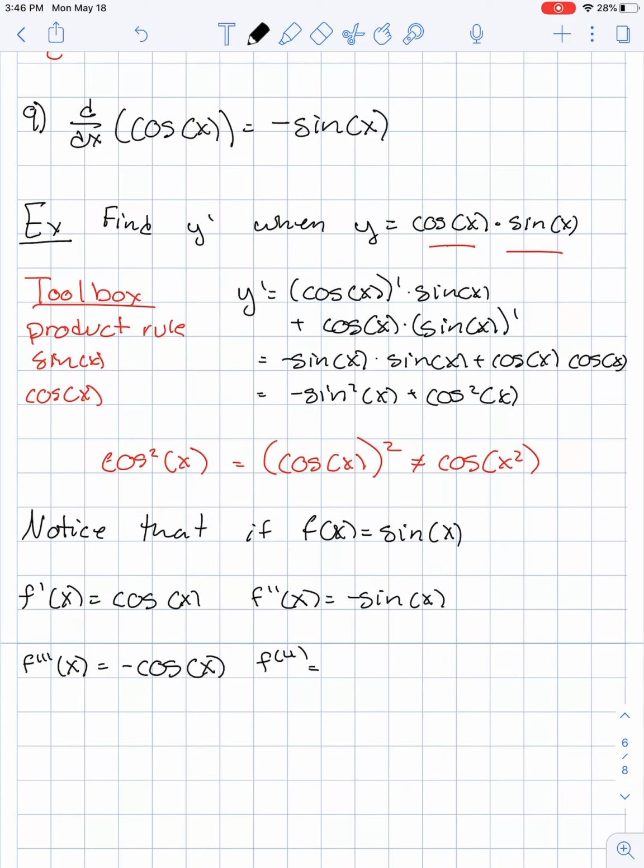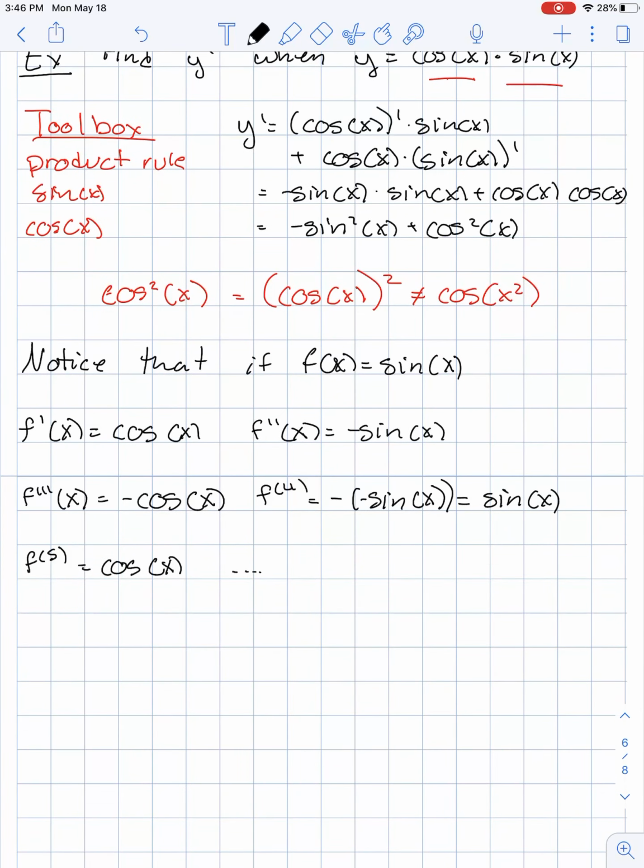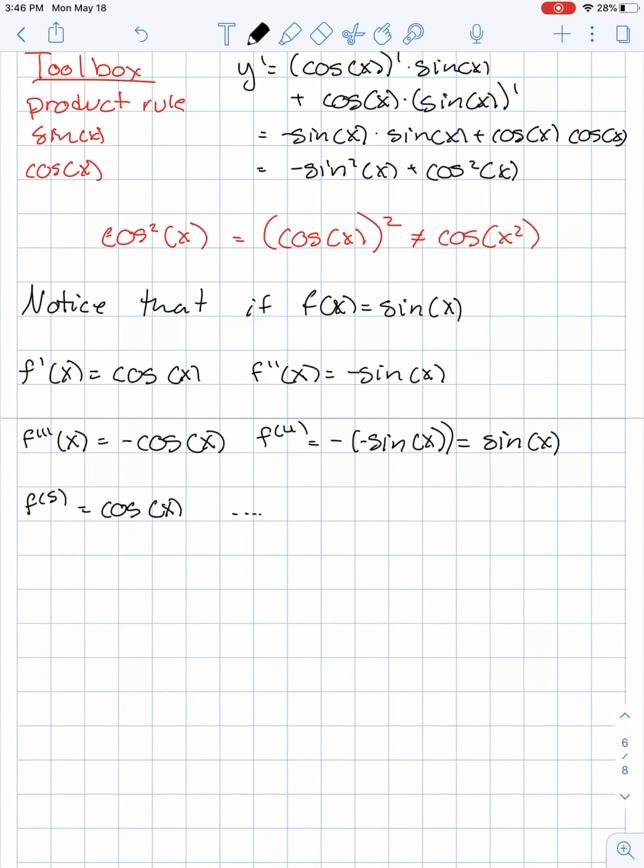So then f to the fourth is going to be negative sine of x. Well, that's just sine of x, and I'm back to where I started, and this would keep going. Like f to the fifth, we get cosine of x, and so on. So it has this loop of four of them: sine, cosine, negative sine, negative cosine. Alrighty, and that's the little chain.